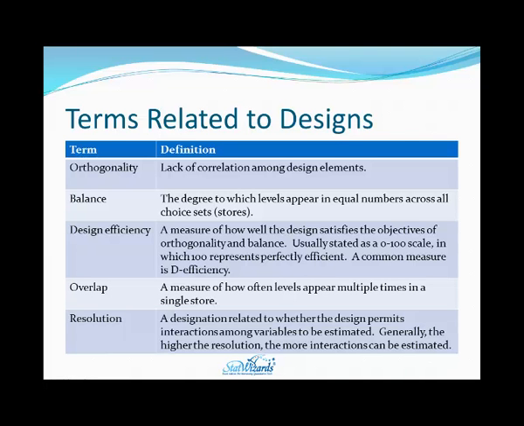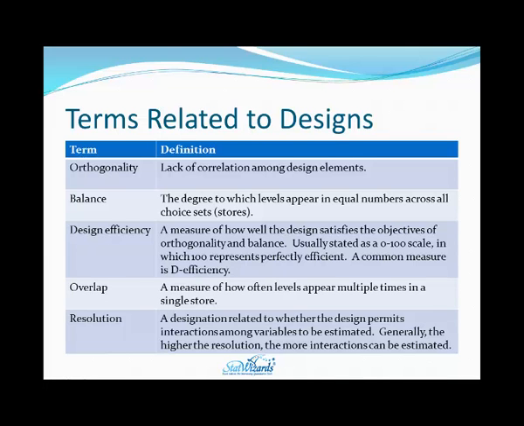Design theory contains some common terms that you might encounter. There are mathematical descriptions for each of these terms, but we won't go into them here. We talked about the desire to avoid correlations among design elements. Absence of correlation is called orthogonality. We also talked about the desire to have levels appear an equal number of times throughout the design.